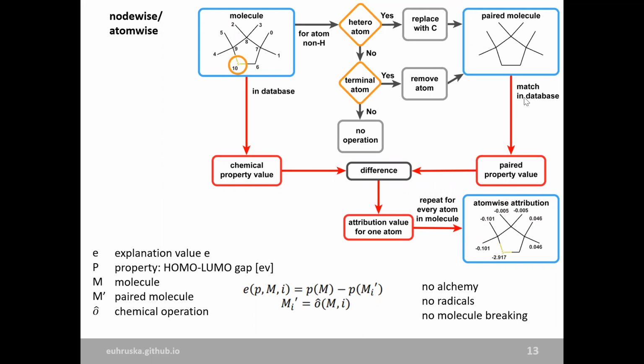Of course, if you apply this general approach to different properties, you might have different units. In many papers, I have found that the explanation or attribution values don't have any units, and when talking with chemists, they were like, what does this explanation represent? Here, at least, you can say that it's just a difference of the properties when changing this particular atom, giving it more chemical meaning.